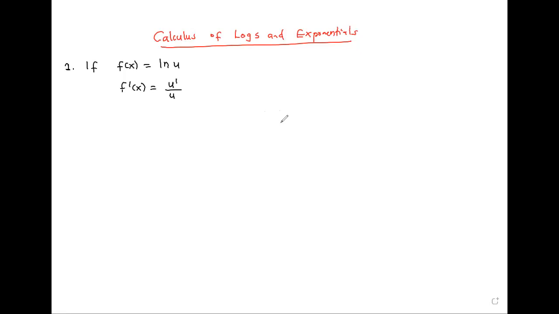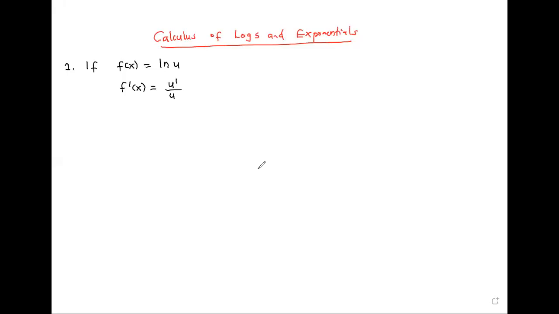You differentiate u and divide it by u. That will be the derivative. So that's the purpose of ln. That's what ln does to the function in terms of derivatives. That's all. In the derivative, you never get to see ln unless it is part of u again.